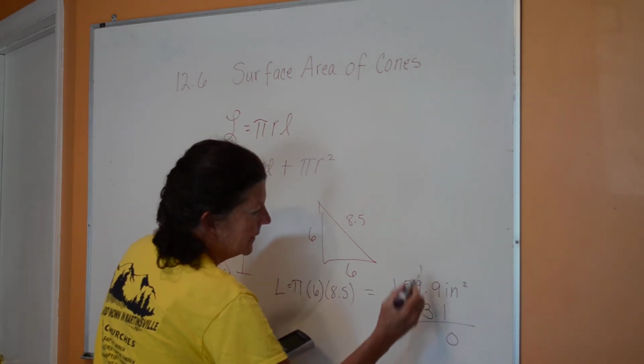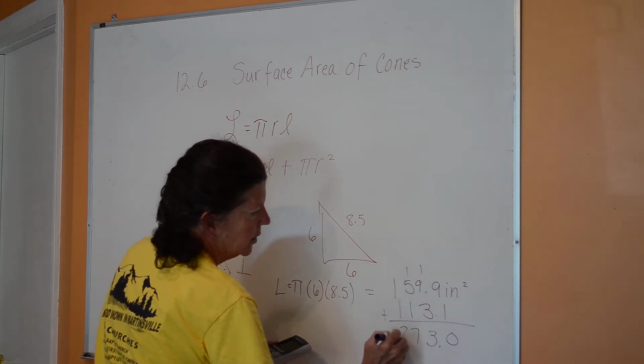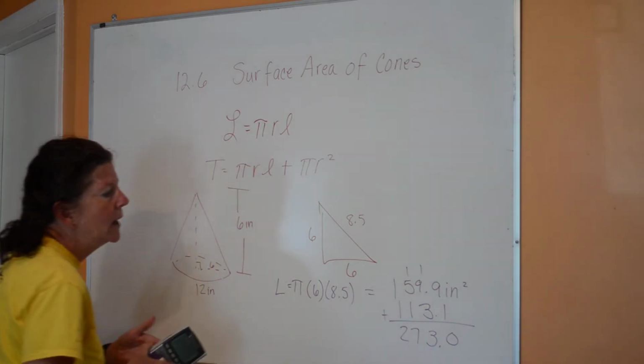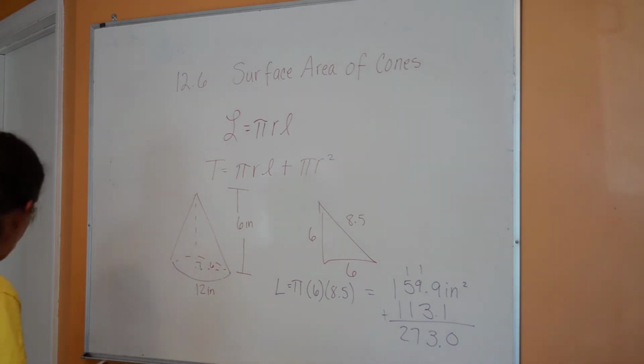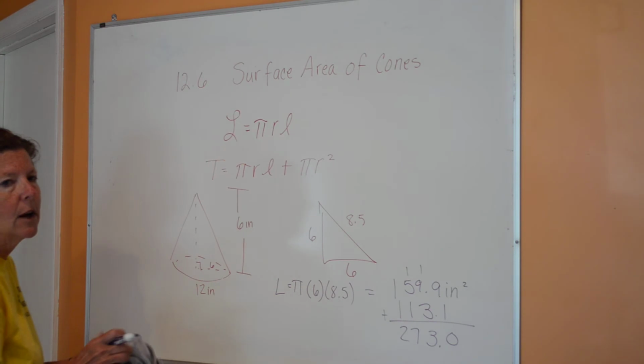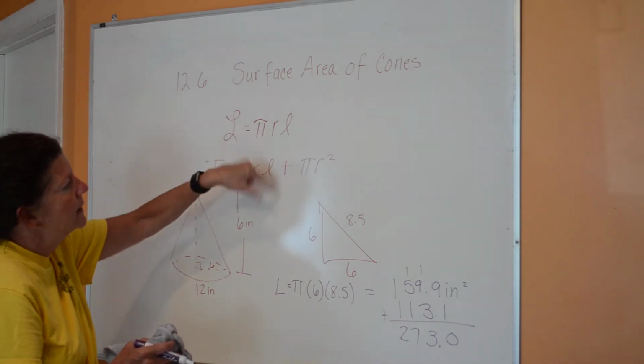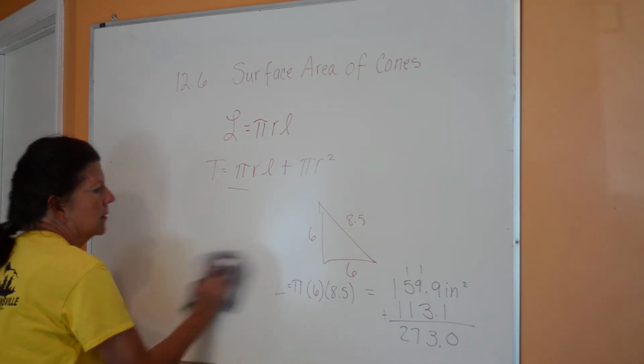When I add that, that's going to give me 273.0 inches squared. So pay attention to whether they're asking you for just the lateral area or the total surface area. But everything that you do is going to be based on these two formulas right here.